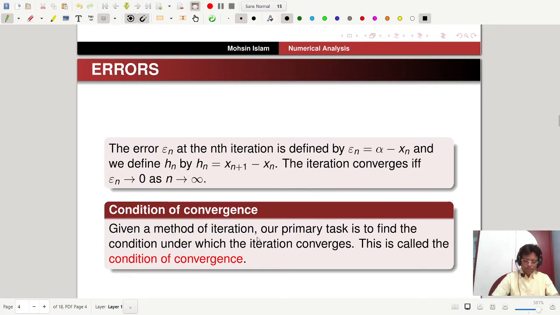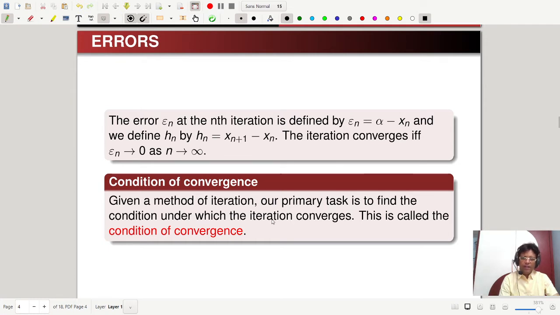Now, error. What is your error? The error epsilon n at the nth iteration is defined by epsilon n equal to alpha minus x_n, and we define h_n by h_n equal to x_(n+1) minus x_n. The iteration converges if and only if epsilon n tends to 0 as n tends to infinity.